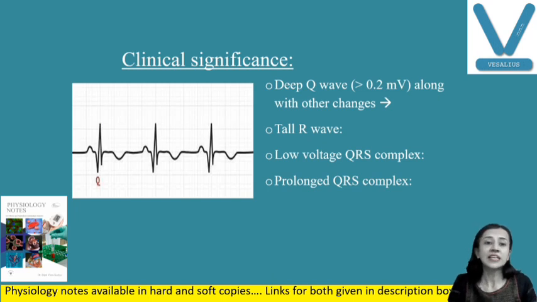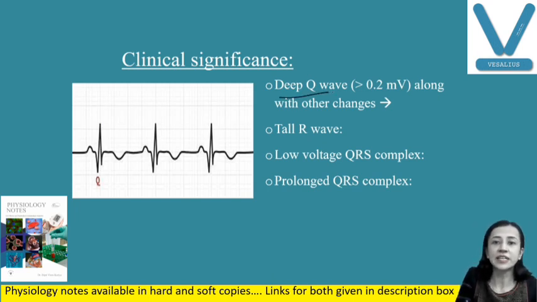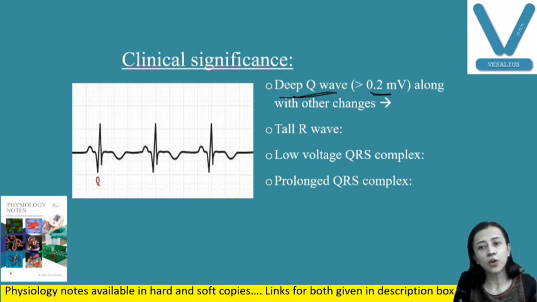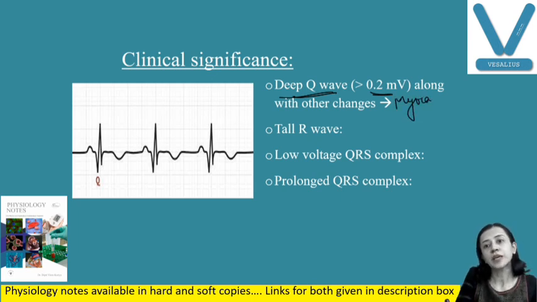So what are the clinical significances? One, when you get a deep Q wave more than 0.2 millivolt, and along with that you have other clinical features, it may be a suggestive sign of myocardial infarction. If your R wave is tall, it denotes ventricular hypertrophy.